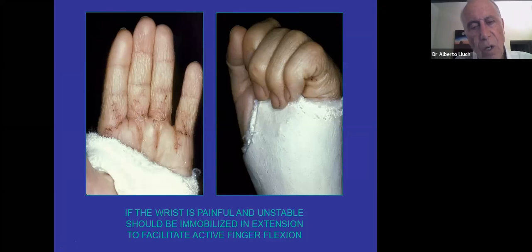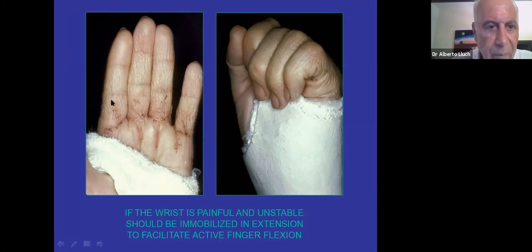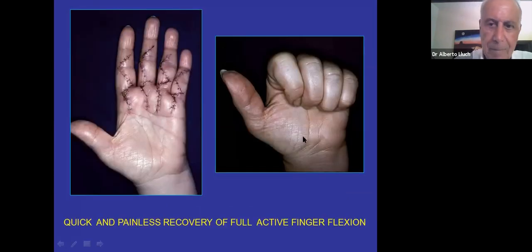Otherwise the patient will try to flex the fingers but will flex the wrist, thinking that with the wrist in extension it will be easier to flex the fingers. As you can see, the fingers have been quite swollen after the surgery, but it's really not very painful.